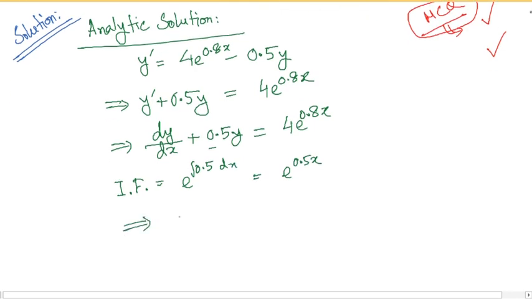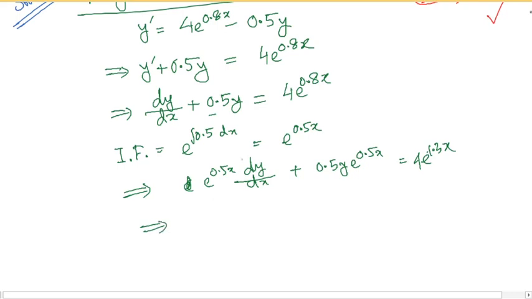So after multiplying, it will become e to the power 0.5x dy by dx plus 0.5y e to the power 0.5x, and this will become 4 e to the power 1.3x.